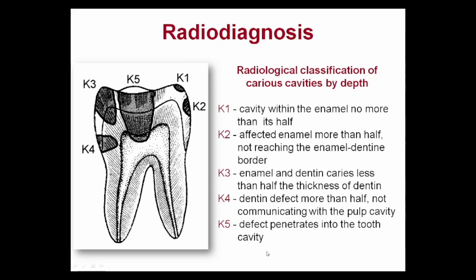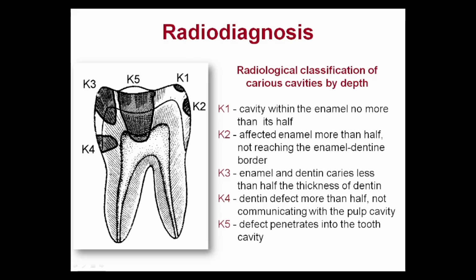K2, affected enamel more than half, not reaching the enamel dentin border. This line is enamel dentin border, and K2 caries cavity more than half but does not penetrate into dentin, does not reach the enamel dentin border.